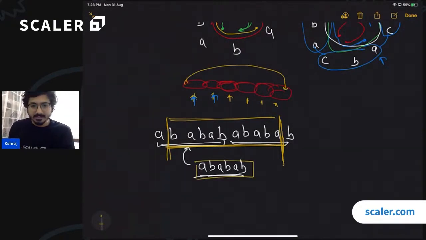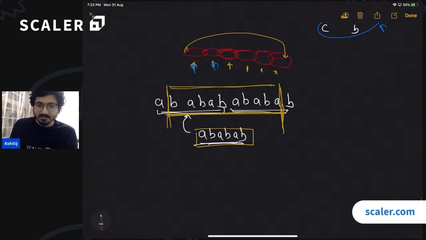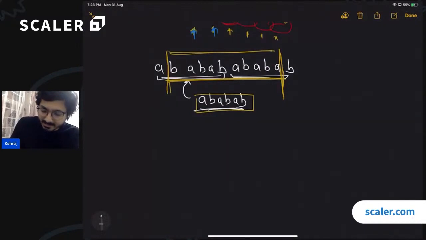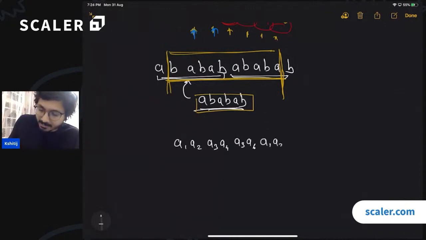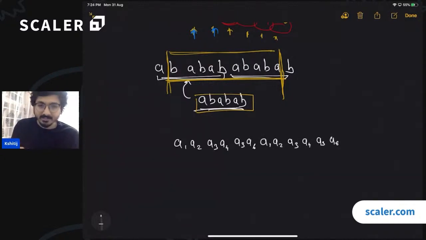Yes or no? Let's take a generalized example, not a specific one. Let's say that I have a string A1, A2, A3, A4, A5, A6. What I am proposing is, let us append it to itself, so I will have A1 through A6 followed by A1 through A6.